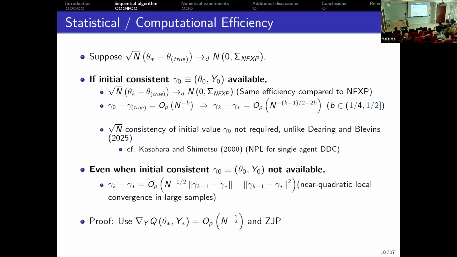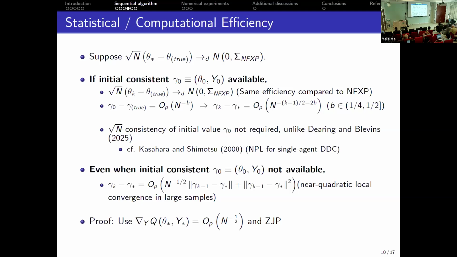So using the property, we can show statistical and computational efficiency of the sequential algorithms with GZP. And here, we assume that the NFXP estimator, namely the solution of the constrained optimization problem, satisfies this asymptotic distribution. And then, first we consider the case where an initial consistent estimate of gamma 0 is available.